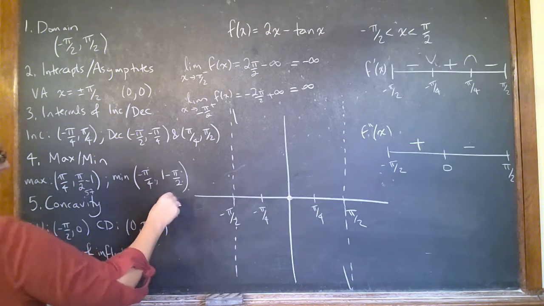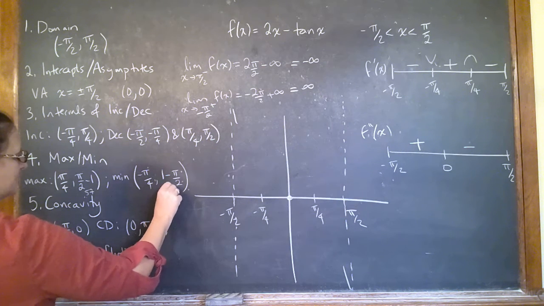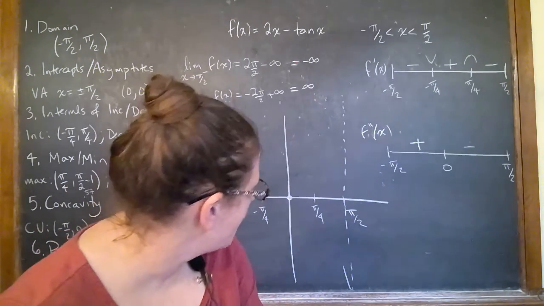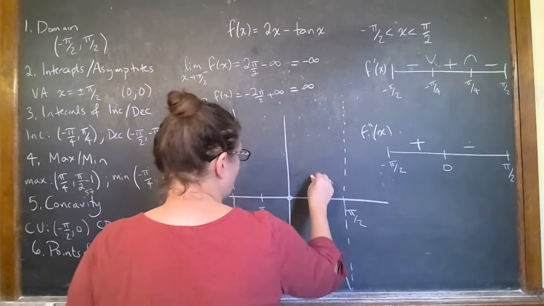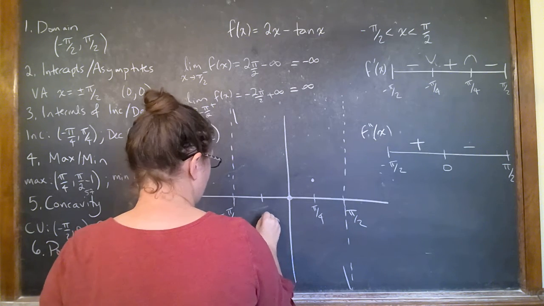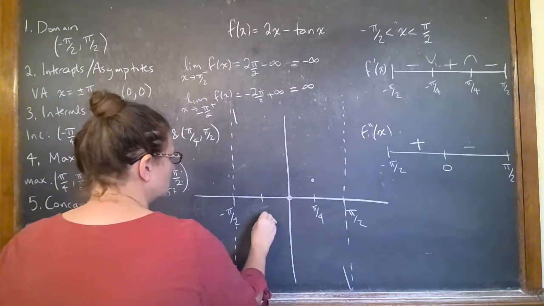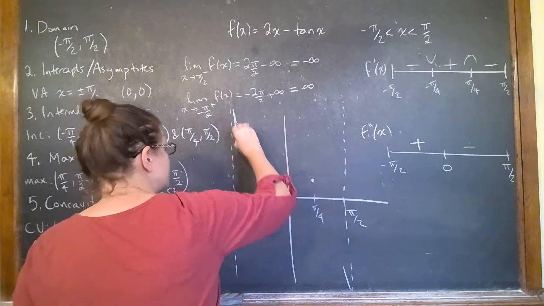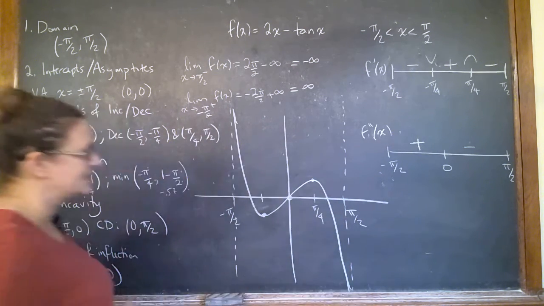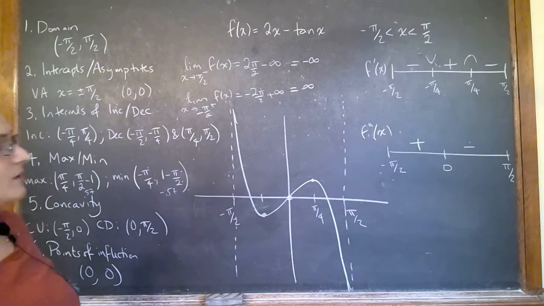And of course, 1 minus pi over 2 is going to be negative 0.57, right? And just to get the right kind of shape here, pi over 4 is like 0.78. So I'm not going to go quite up as far, maybe like here, and maybe like here, right? So just sort of putting these together, like that. So that is our graph.